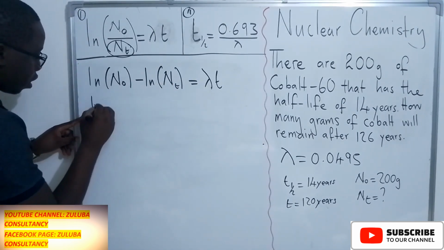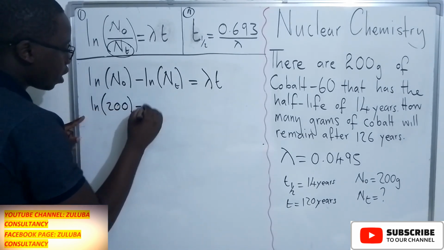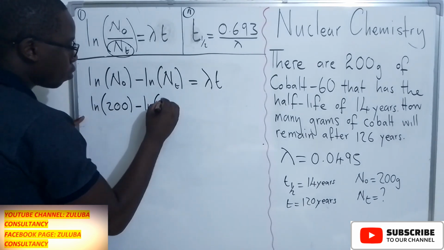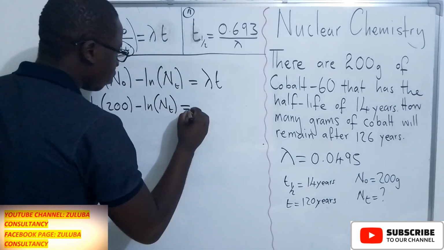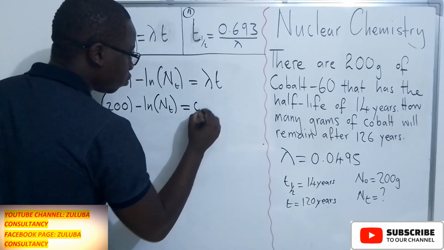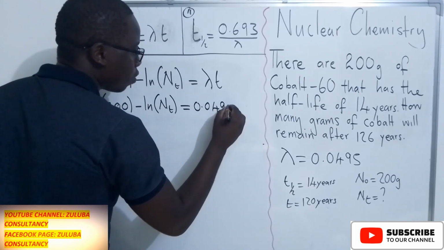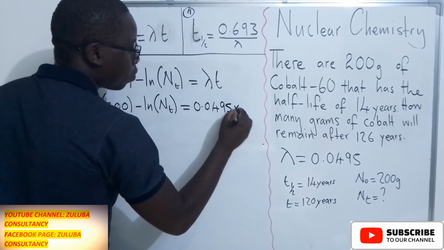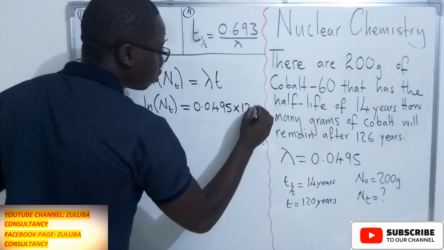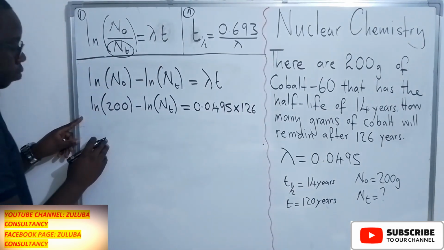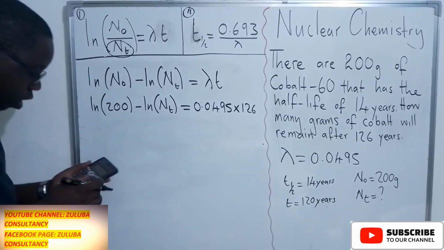So we have the natural log of the initial mass, which is 200, minus the natural log of the mass at that time. Then we have the rate constant of 0.0495, and we are multiplying this with a time of 126 years. So let's find the natural log of 200.